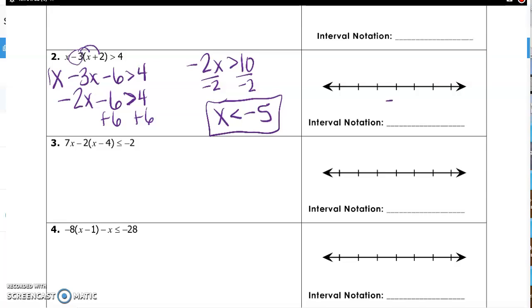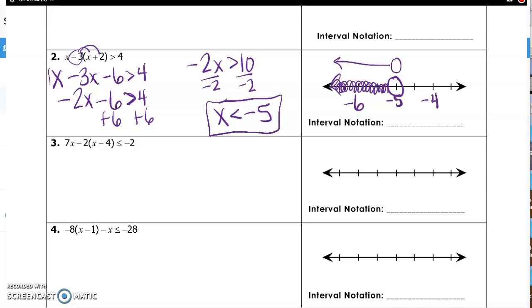So we would put negative 5 in the middle. I'm going to skip one and put negative 4 here and negative 6 here. We would have an open circle because it's strictly less than, and shade to the left. Again, if you would rather just do a circle above and then an arrow, that's fine. For interval notation, we need to read from left to right.